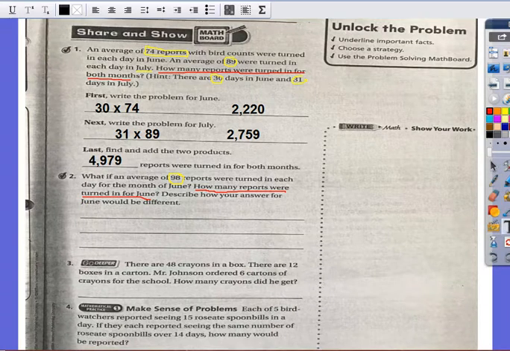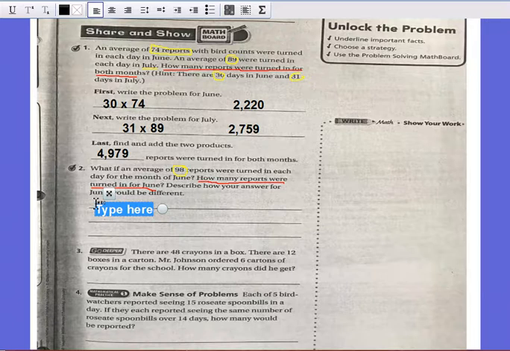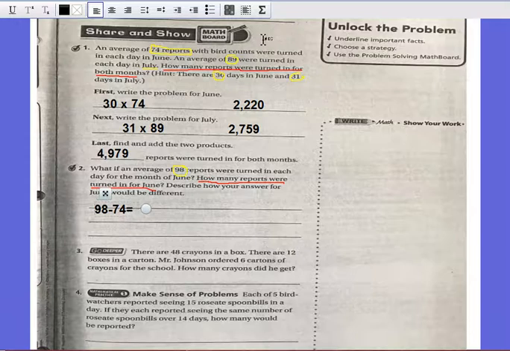Okay, so first thing that I'm going to do is I'm going to come down here, and find the difference from this average 74 reports from 98 reports. So I'm going to take 98 minus 74, because there is 98 reports in June, and up here was 74. So I'm going to find the difference first, because they're asking us how many reports were turned in for June if this number was bumped up. So that answer would be 24.